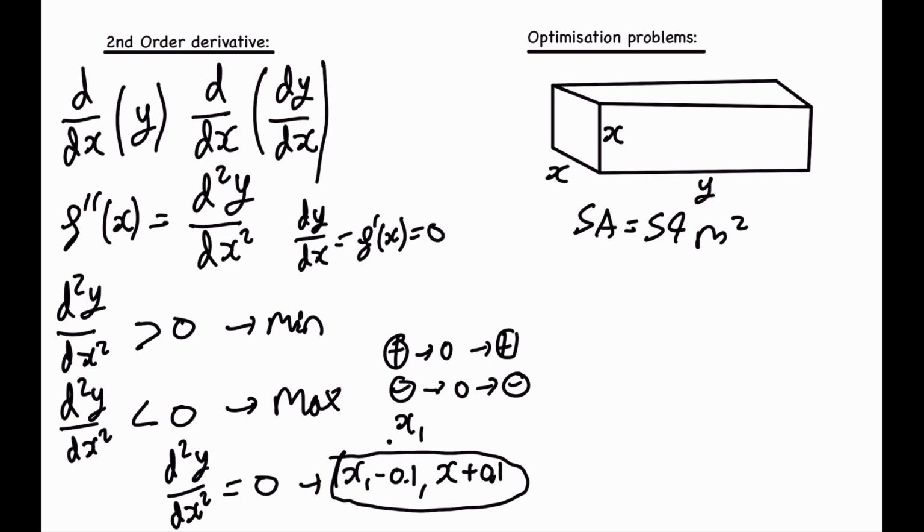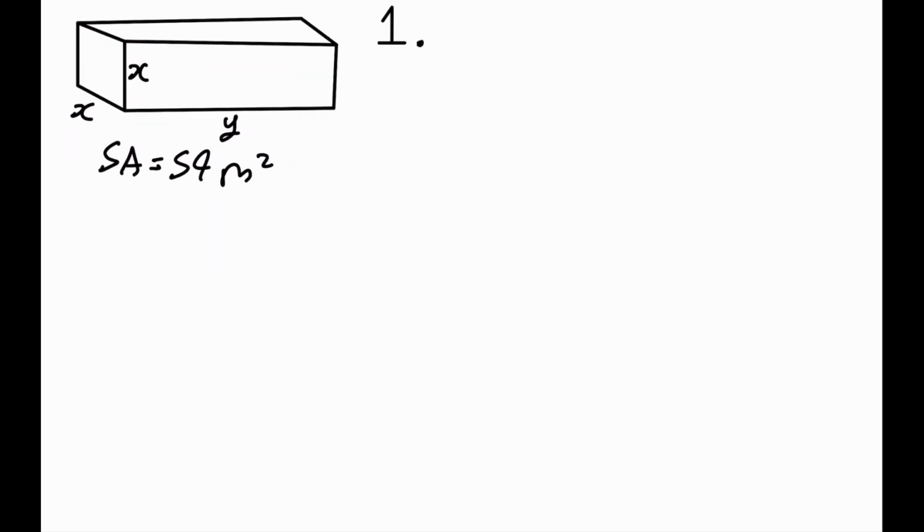So let's start with the first step. For the first step, we would use our equation for the surface area. We have this surface, and then we have the same on the other side. So we'll do x squared, which is the area of the square, plus x squared, because we have another square on the other side.